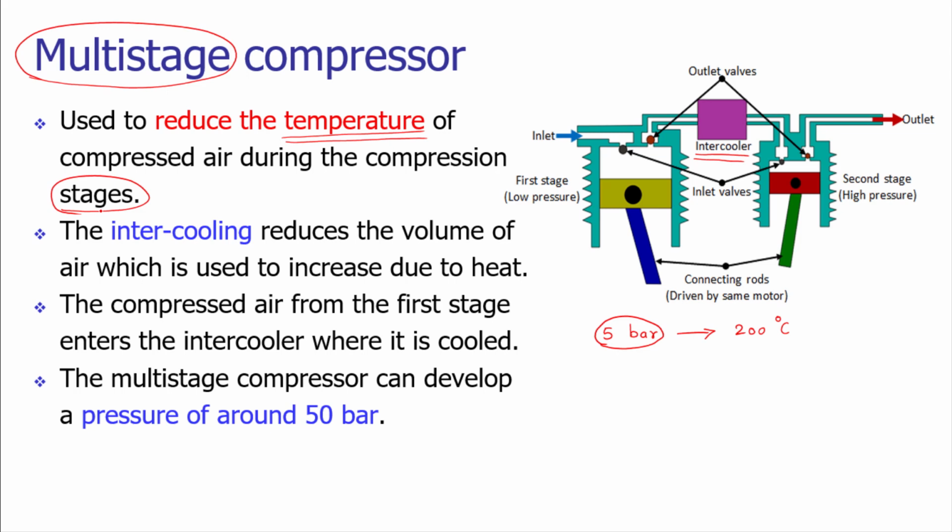The typical arrangement can be seen on your screen. We have a low pressure stage, that is the first cylinder piston arrangement, where we are generating the low pressure compression. Through the inlet we get the ambient air, and the compression is carried out here.